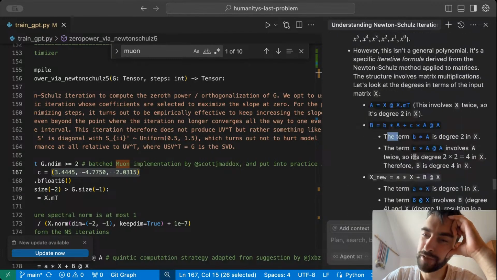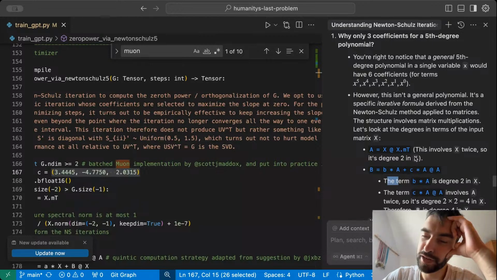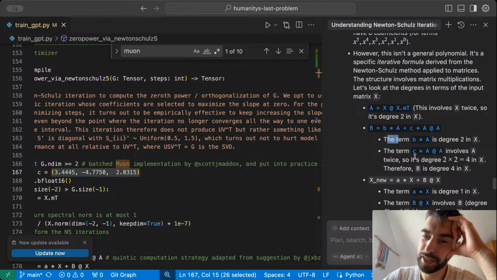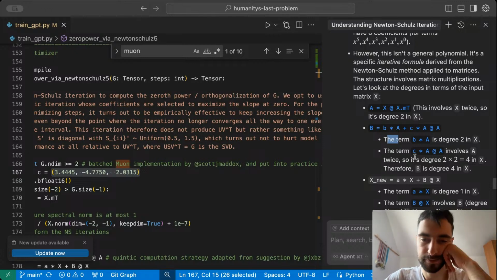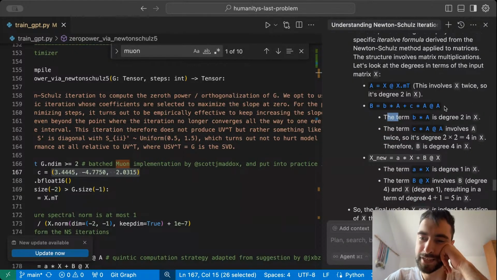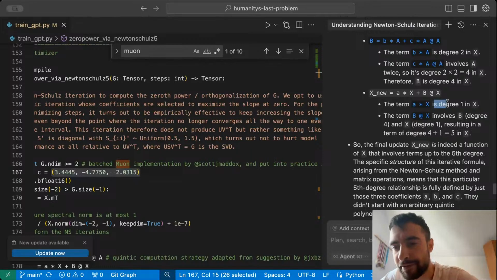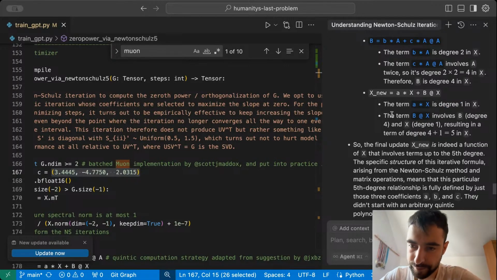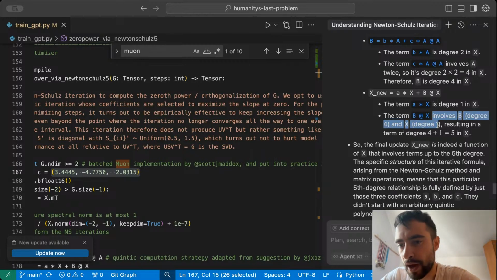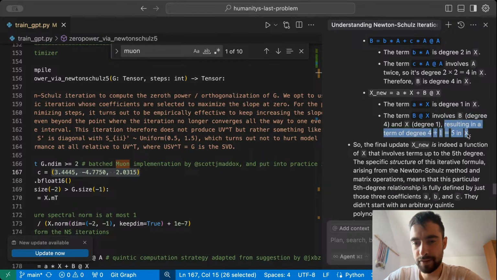Okay, so I think we have 3 coefficients just because we're going to have 3 terms, and some of the terms we're not going to have at all in the polynomial. I think we have x to the fourth, x to the second, but we don't have x to the third, x to the first, and so on. Anyway, the term A times X is degree 1. So B at X involves B degree 4 and X degree 1, which results in degree 5.